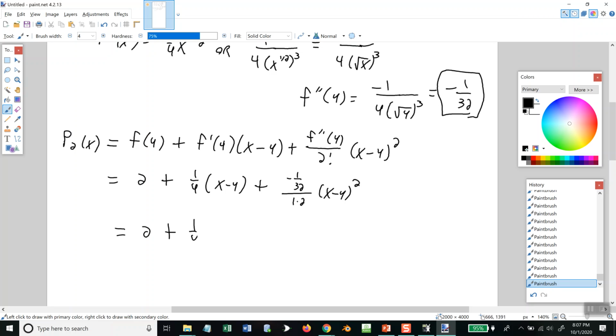So we have 2 plus 1/4 times x minus 4, plus 1 times 2 is 2, and then multiply it times the 32. We get negative 1 over 64, times x minus 4 squared.